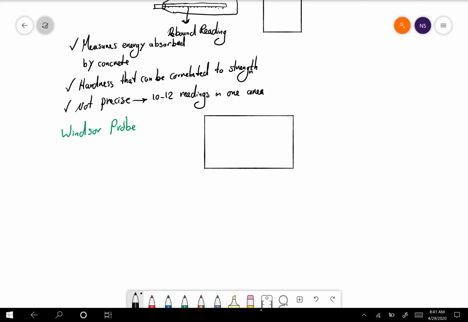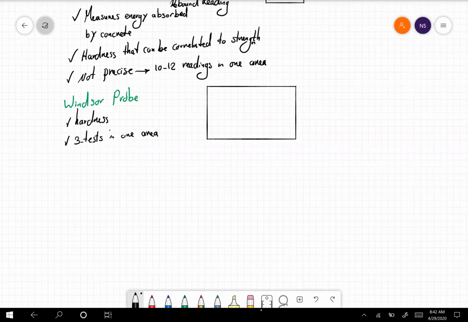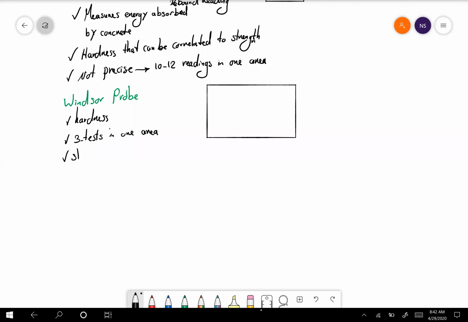That's slightly destructive because you're slightly destructing the concrete surface, and it's also measuring the hardness that can be correlated to strengths. You usually need to do 3 tests in one area to get the results. And again, it's not completely non-destructive, and it's slightly destructing the concrete surface.